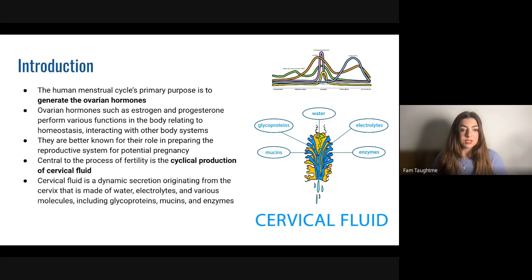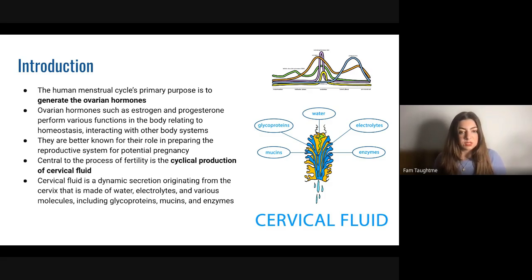So estrogen and progesterone perform various functions in the body relating to homeostasis and interacting with the other body systems. And they're better known for their role in preparing the reproductive system for potential pregnancy. And central to that process of fertility that's going on is the cyclical production of cervical fluid.